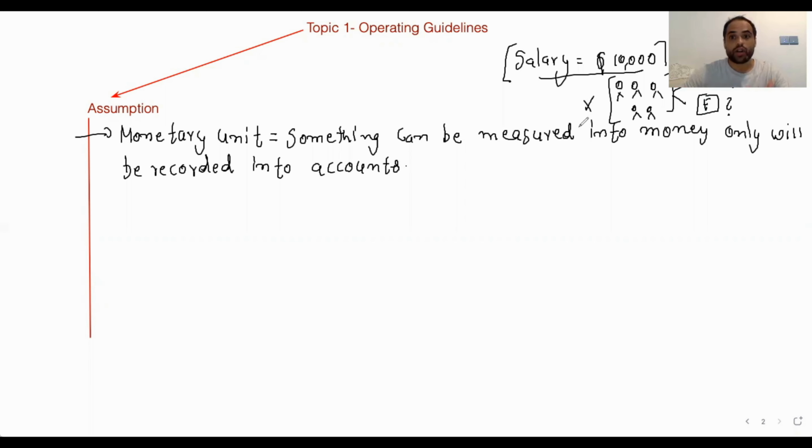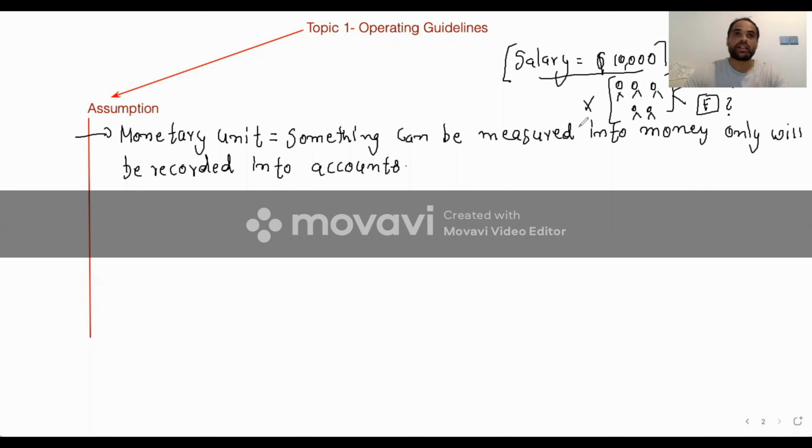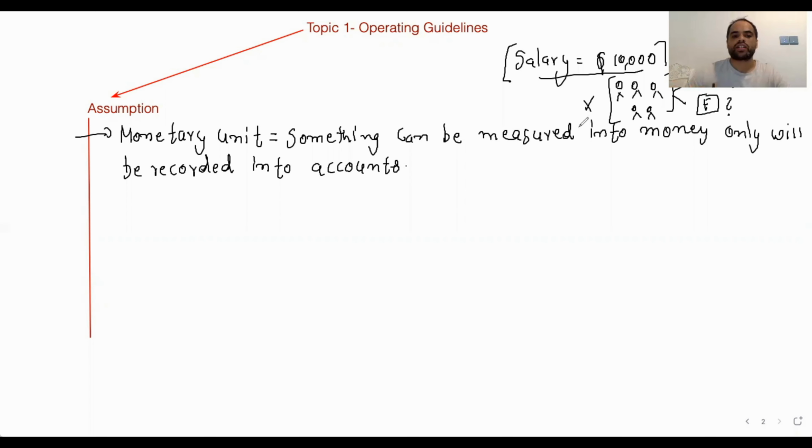So company must record money. Company must not record the name of person in their financial account, or how many are old, how many are young, how many are black, how many are white, how many are men, and how many are women. It doesn't matter, right? So that's the meaning of monetary unit assumptions.